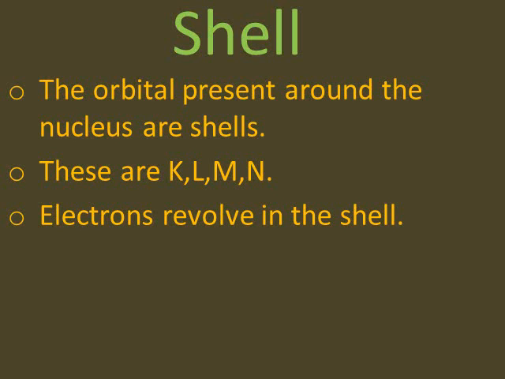The protons and neutrons are present in the nucleus and electrons revolve around the nucleus. So where are they revolving? They are revolving in shells. There are four types of shells: K, L, M and N. And all the electrons are present in these shells. These electrons are responsible for chemical bonding, by which an atom is able to make bonds with other atoms.